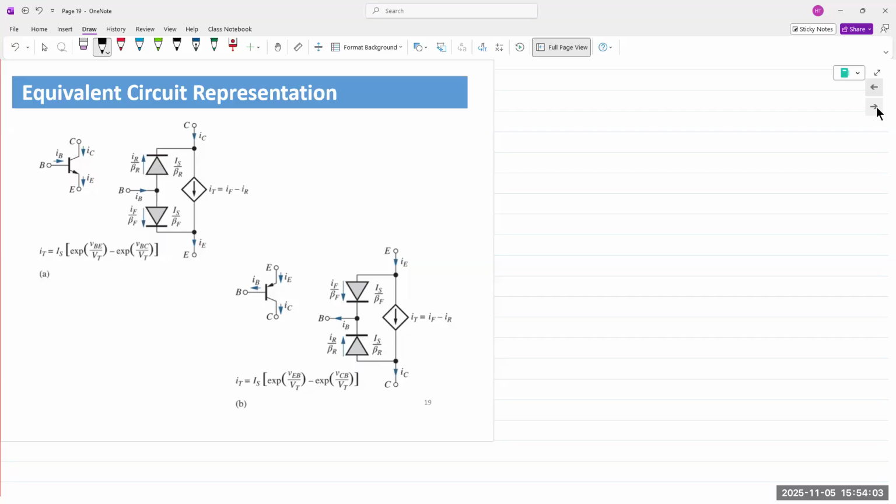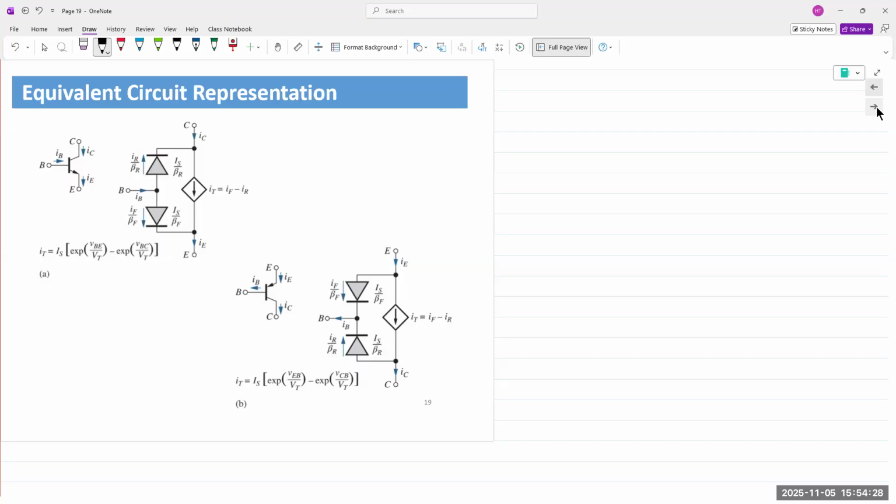Okay. Equivalent circuit representation. Similar to an FET, the output side is modeled as a dependent current source. So you see the dependent current source modeled as a diamond with an arrow pointing down. The output, which is the collector current, is modeled as a dependent current source.